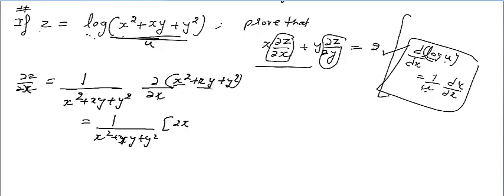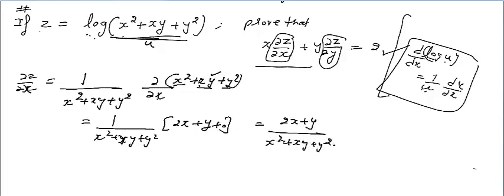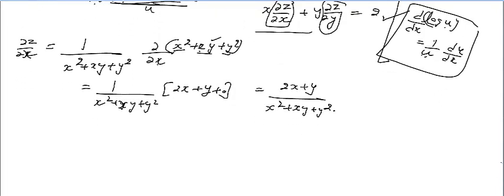Now the derivative of xy: you know that you are finding the derivative with respect to x, so y will be constant, it will be out of the derivative. Derivative of x is 1, you will get only y. Now the derivative of y², y is constant, so this will be 0. So you are getting (2x + y) upon (x² + xy + y²). This is the derivative of z with respect to x.